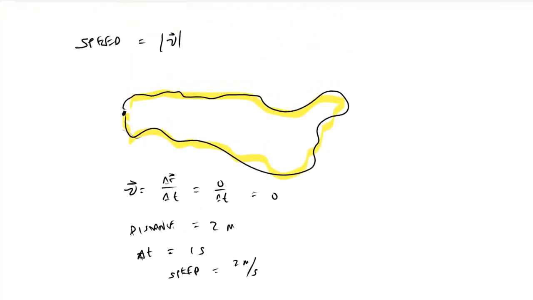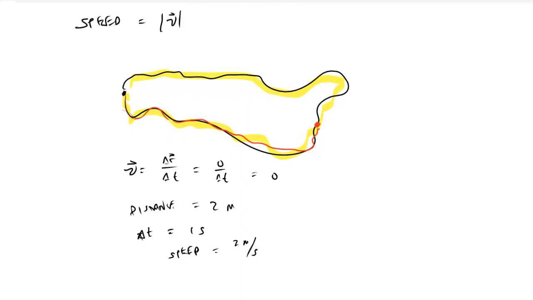Now, if we took a different point, that would have been averaged over the entire journey there. Let's say that we were driving along and we decided to stop here for a little while. So we have this point over here that we stopped. And now I want to average my velocity and my speed over this new time interval, this new distance and this new displacement. Now, the displacement in this case would not be equal to 0.